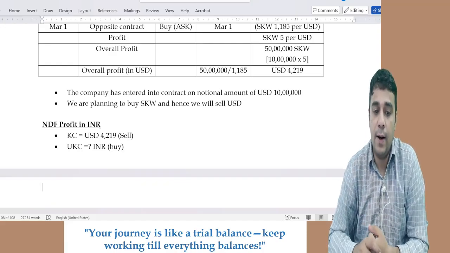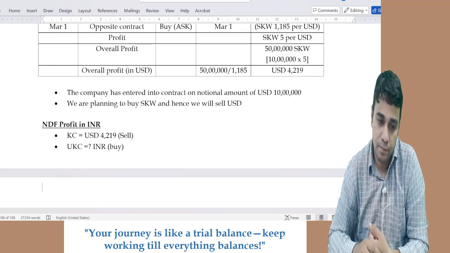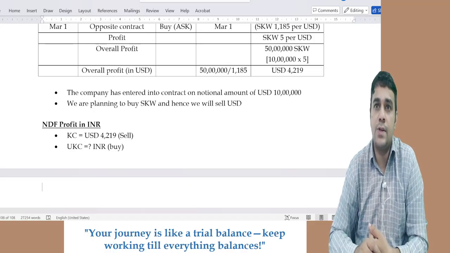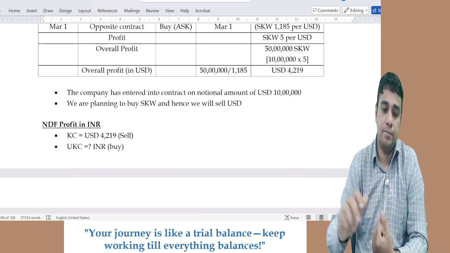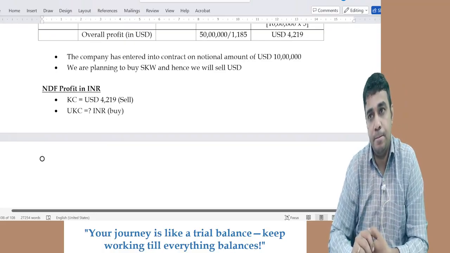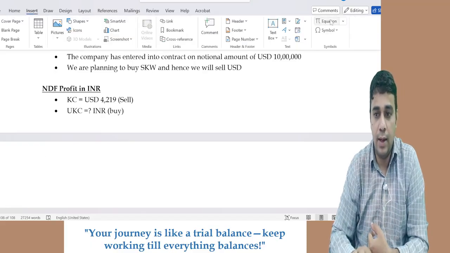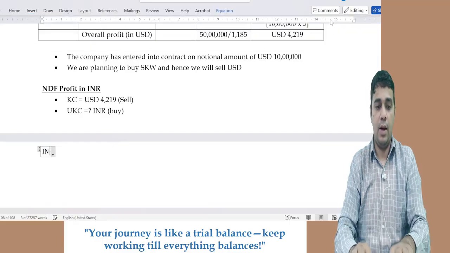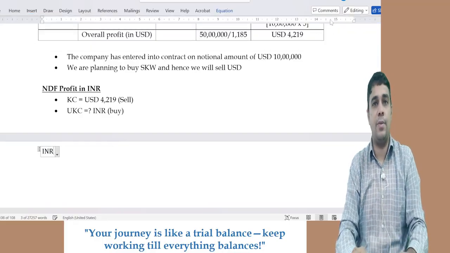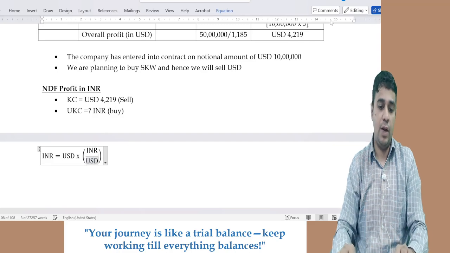USD 4219, profit of 4219, will be converted into INR. I'll write it in lakhs, 4 decimals. INR is equal to USD into INR per USD. The denominator currency is USD.